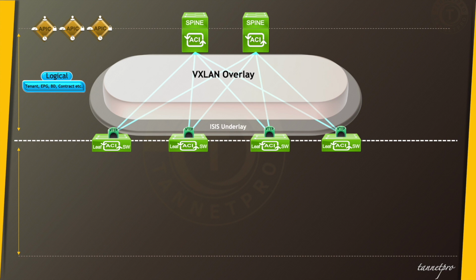In the previous video, which might show in the i button in the top right corner, I explained how to create these and what a tenant, EPG, BD, and contract are. So this portion was already done. If you have not watched it yet, please watch that part also and come again over here.